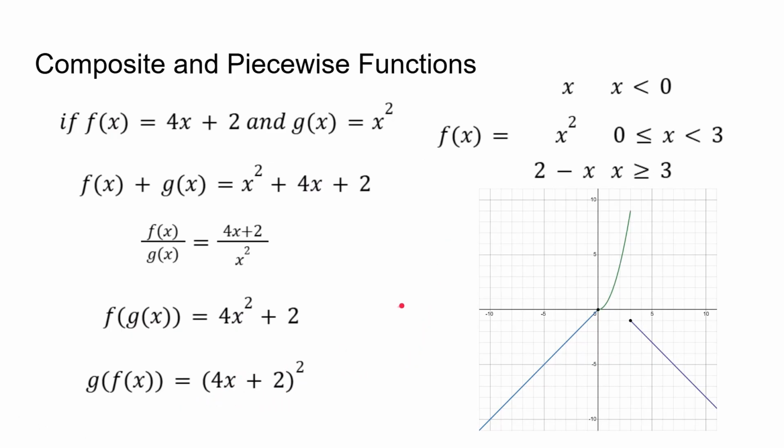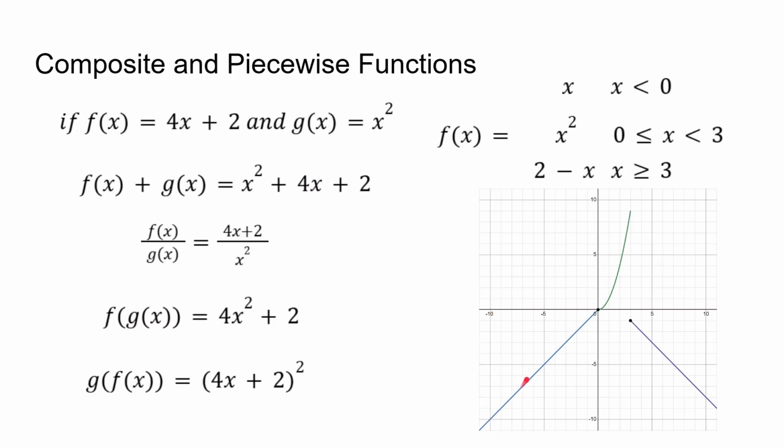There's also piecewise functions, which separate the domain into different expressions. So f of x is equal to x when x is less than 0. f of x is equal to x squared when x is greater than or equal to 0 and less than 3. And f of x is equal to 2 minus x when x is greater than or equal to 3. When x is less than 0, you're to the left of 0, right?